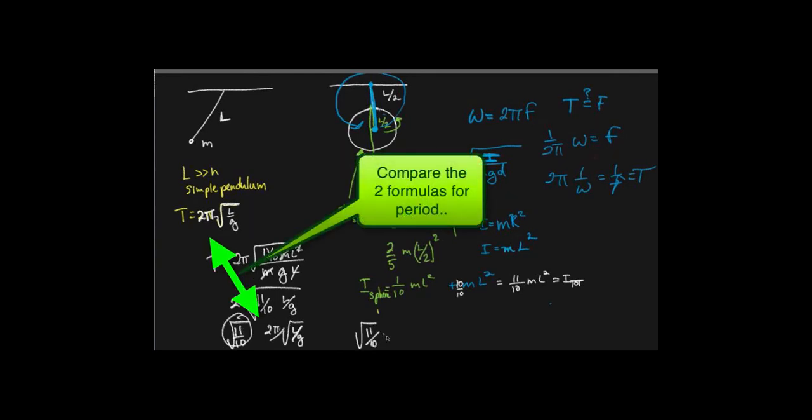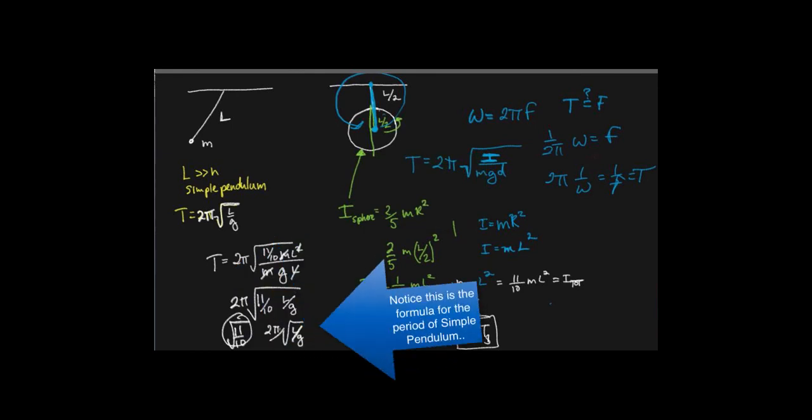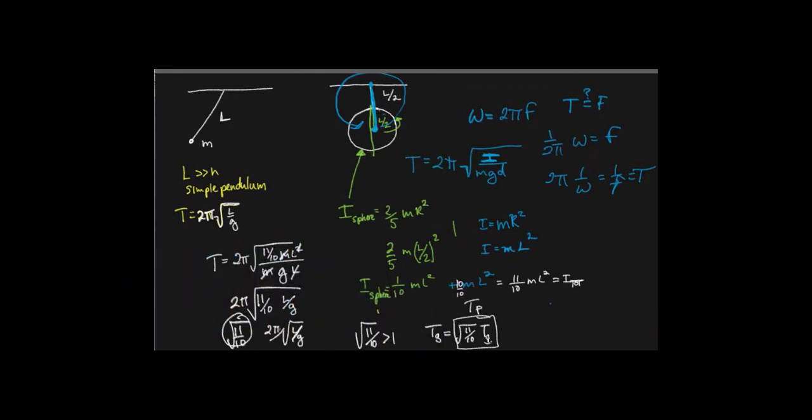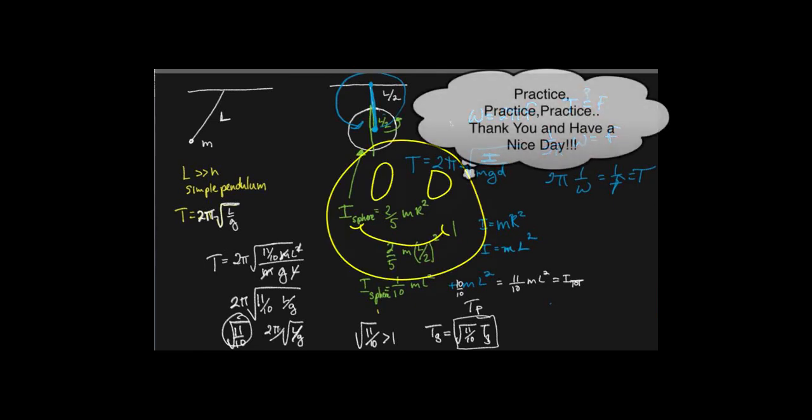So the relationship is the simple pendulum is 1, and the physical pendulum is 11 over 10. Because this side represents the physical pendulum, this is larger, therefore this is longer. Any questions?